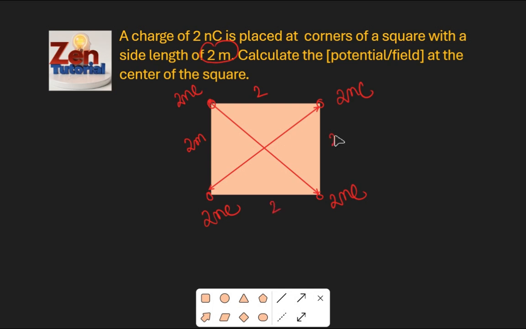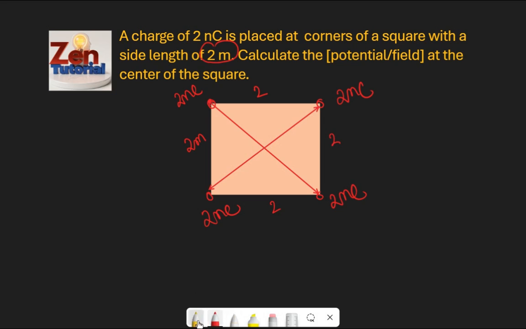So we can determine by using these sides 2 meter the diagonal of these two corners, let's say this is A and B, or maybe C and D as well, these are the same. So the diagonals AB is equal to CD, square root of 2a square plus 2a square.